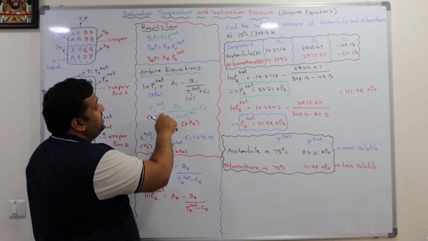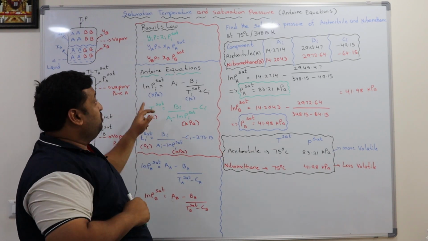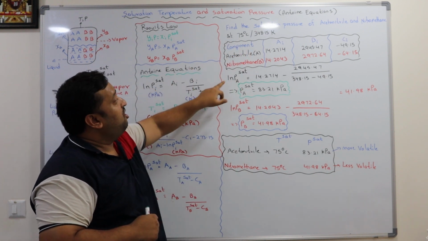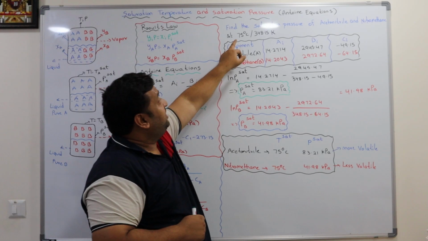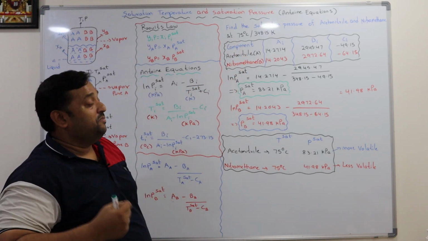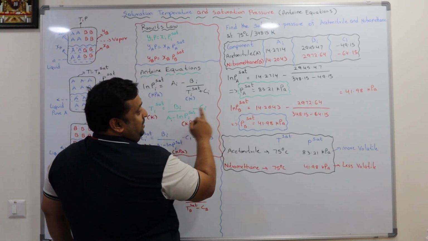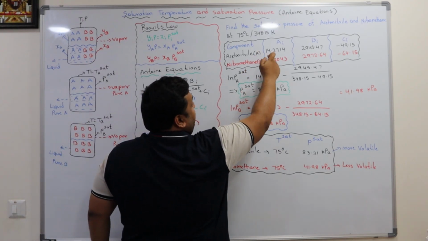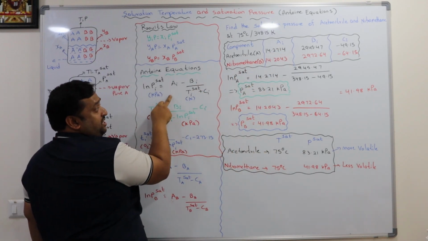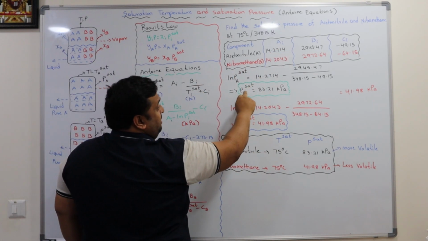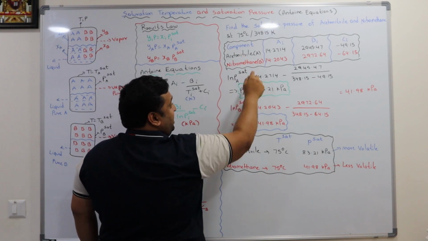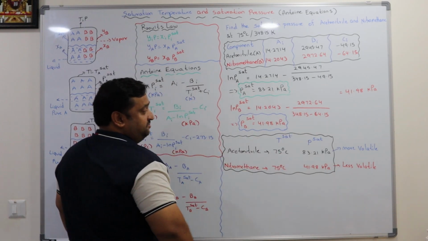So let us apply the Antoine equations to get the saturation pressure of acetonitrile at 75 degrees centigrade, and the saturation pressure of nitromethane at 75 degrees centigrade. I apply the formula and put the A, B, C of acetonitrile into this equation. The saturation pressure of A, which is acetonitrile, is 83.21 kilopascal.